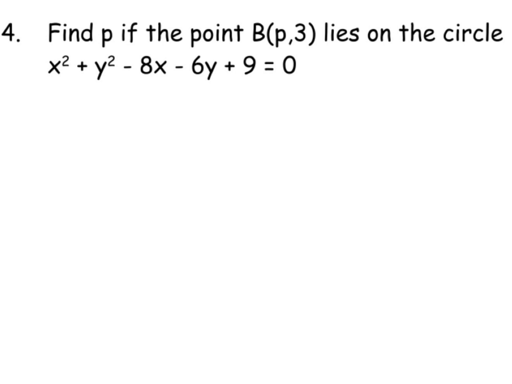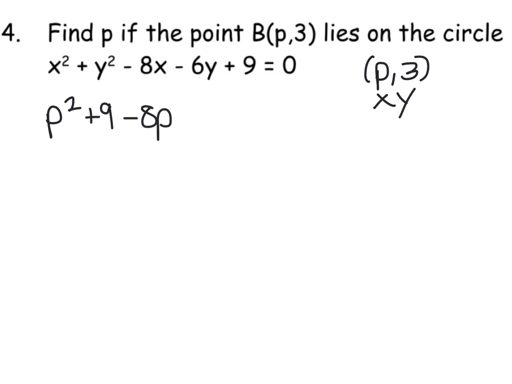Okay, another example. I've told you at this point lies on the line. Find the value of p. Same old, whenever you're given a coordinate, you're given a value of x and y. So we're simply going to plug them in. X gets replaced with p, so we've got p squared. Y gets replaced with 3. 3 squared gives me 9 here. Take away 8p. Minus 6 times 3 is minus 18 plus 9 equals 0.